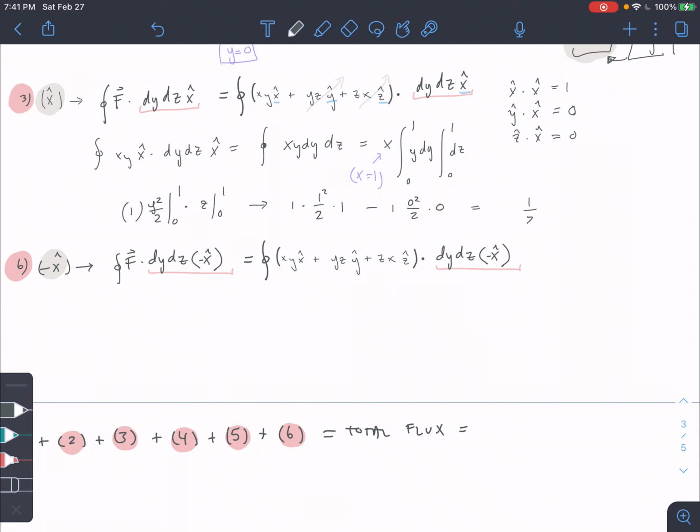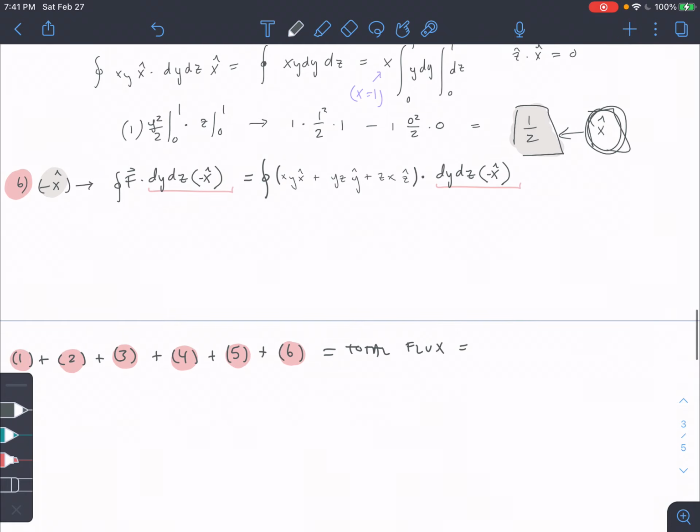So this is equal to 1/2 in the x hat direction. We're going to hold on to that piece. We're getting close to the end here, we're almost done. If you've hung in with me this long, I'm impressed.